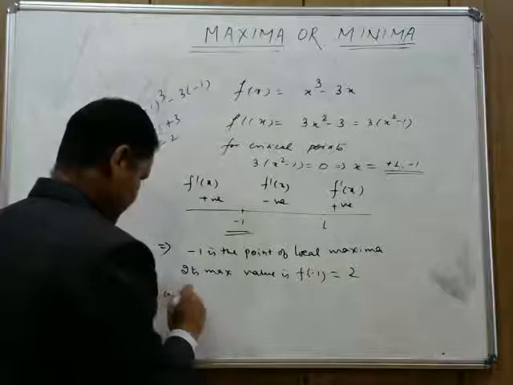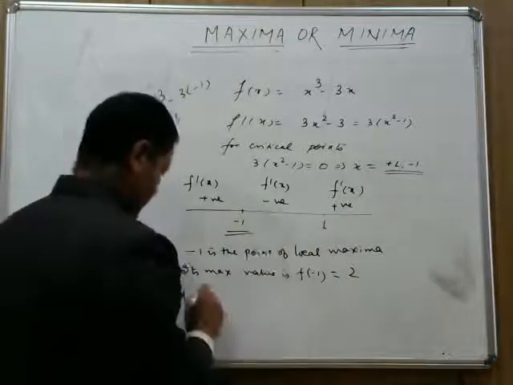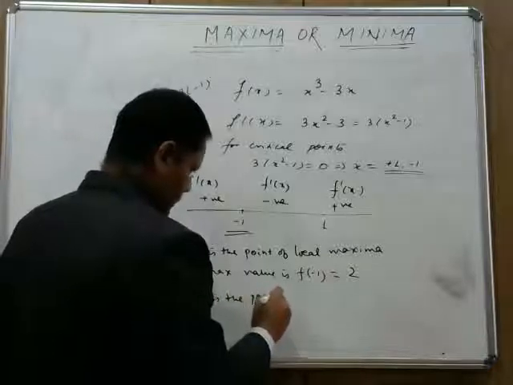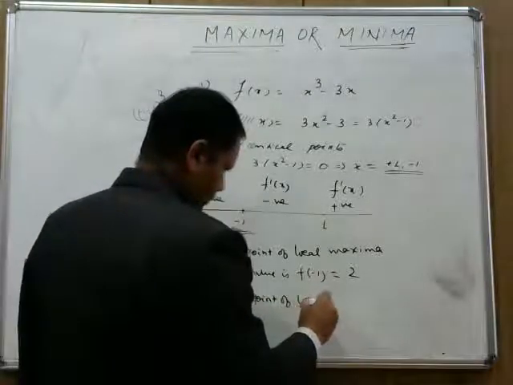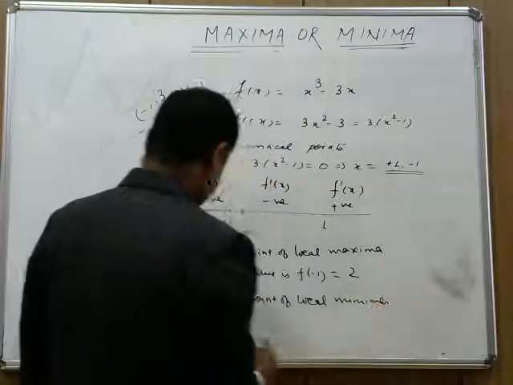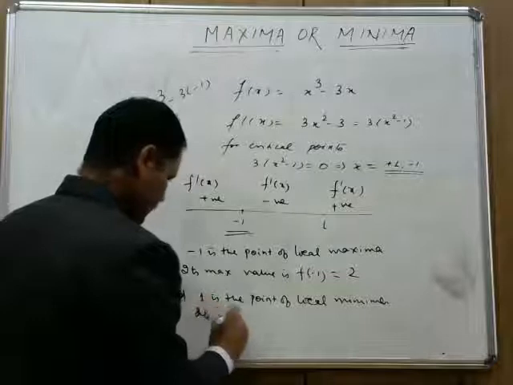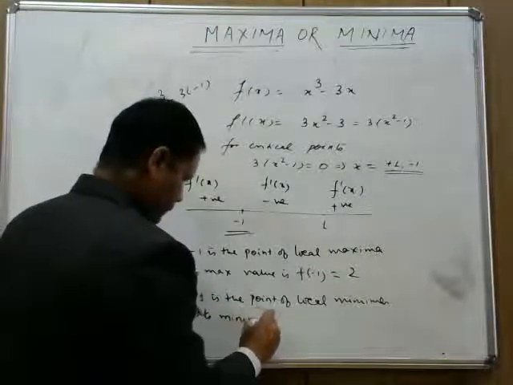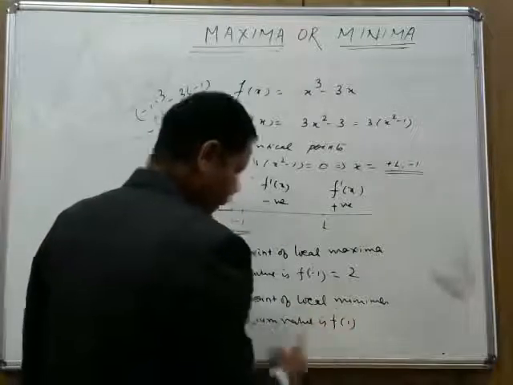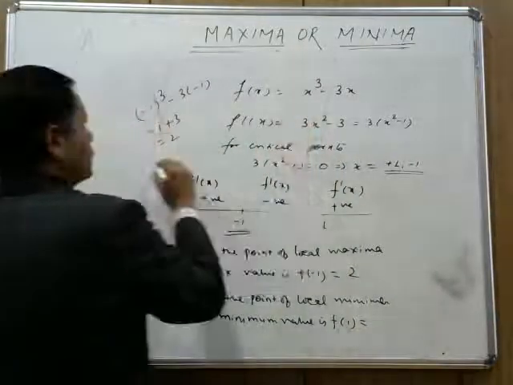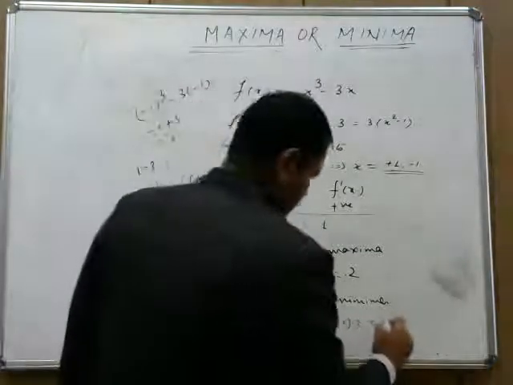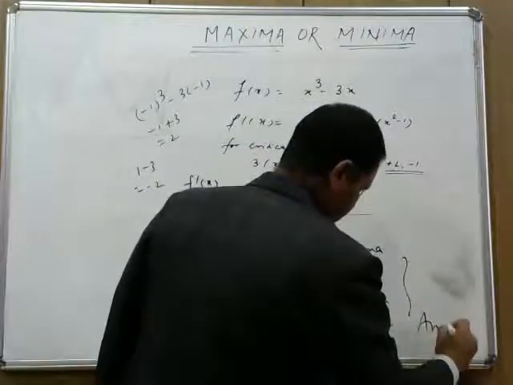And 1 is the point of local minima, and its minimum value is f of 1, and that f of 1 is equal to what? 1 whole cube minus 3, which is minus 2, and that is the answer.